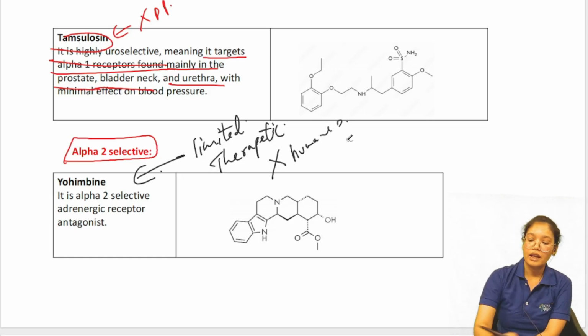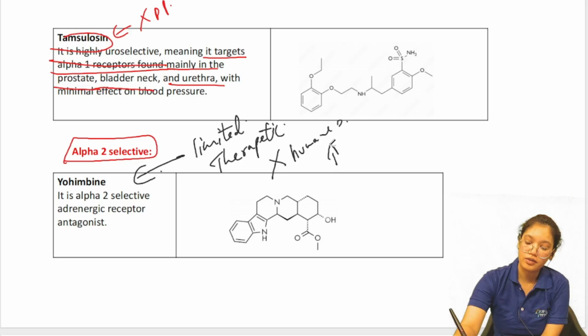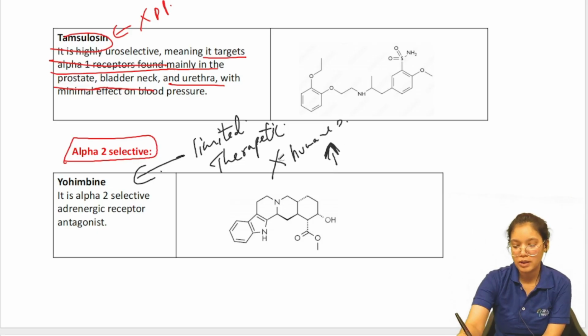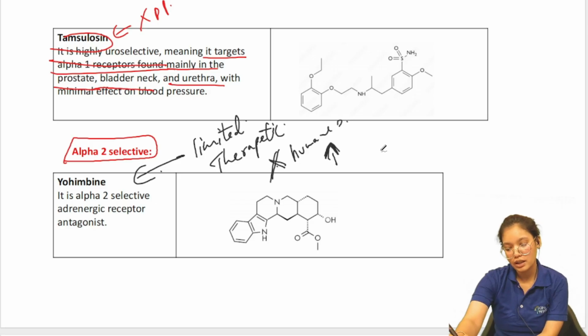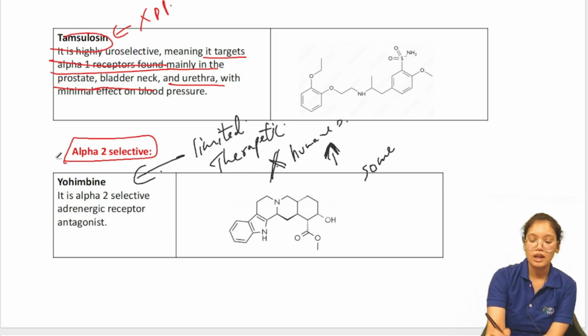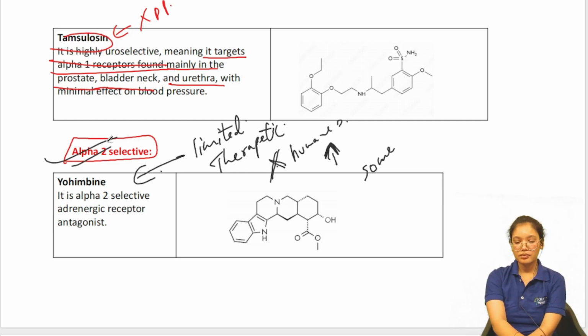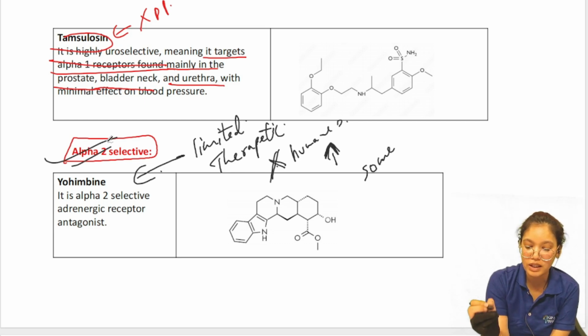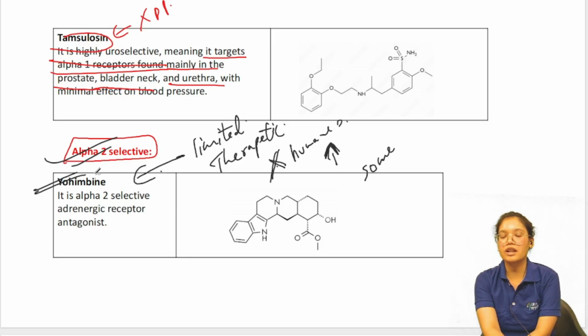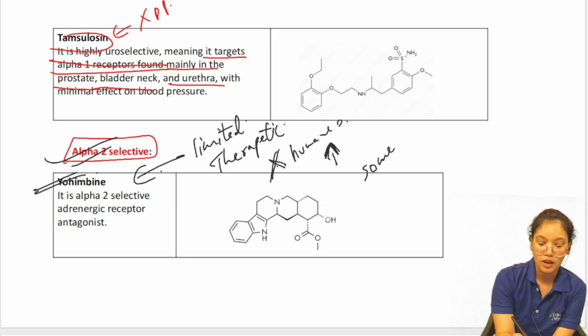They also have very high side effects, so they are not basically used in humans, but in some veterinary medicines we can use alpha-2 selective drugs. Yohimbine is an example. Sometimes we use them, but basically we don't prefer alpha-2 selective blockers for treatment.